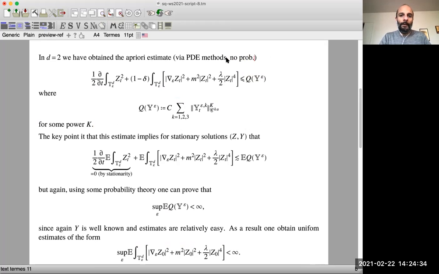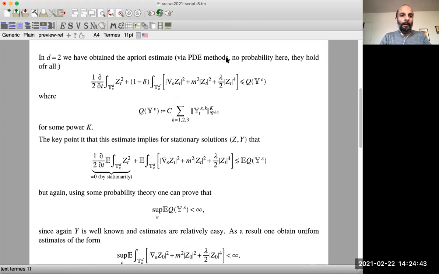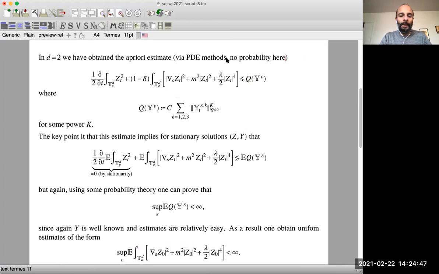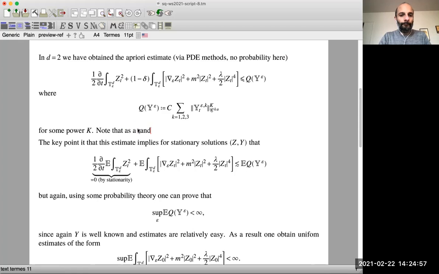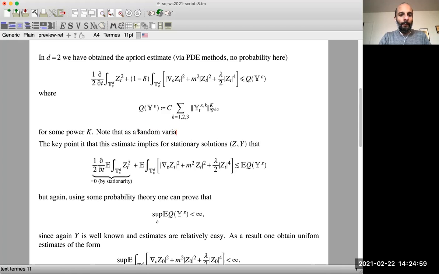They hold for all omega, if you want. I mean, there is no omega here actually. This is a PDE problem. I take samples. Then of course, note that as a random variable, I could do this bound.